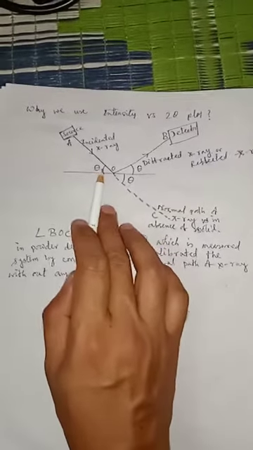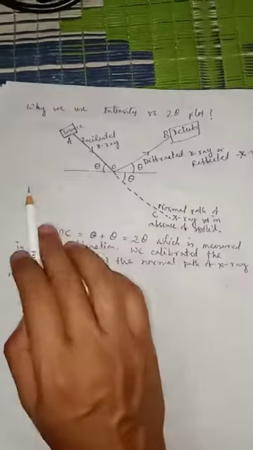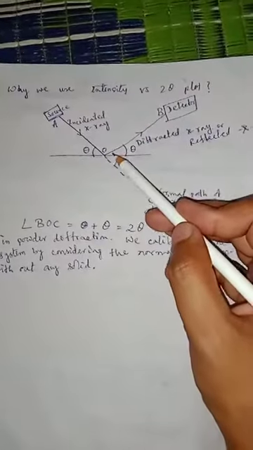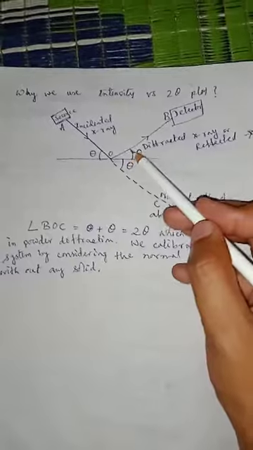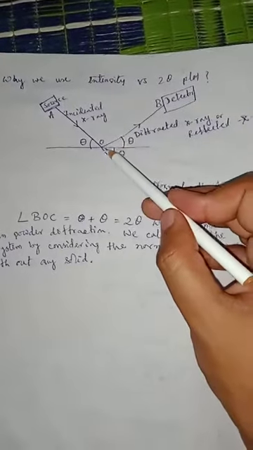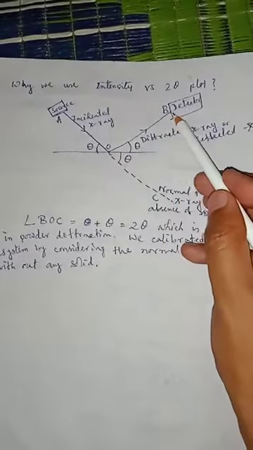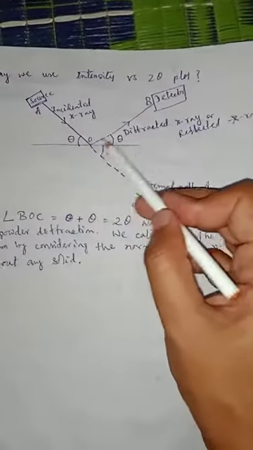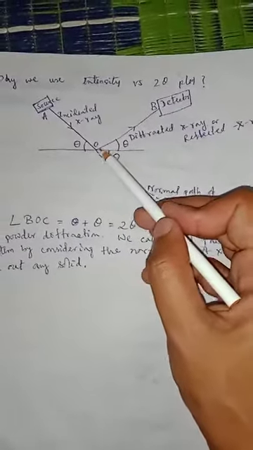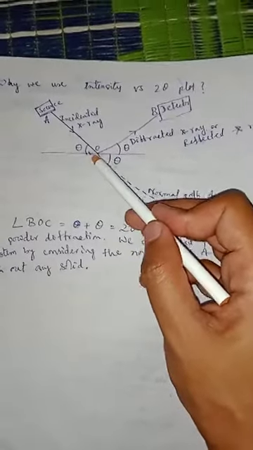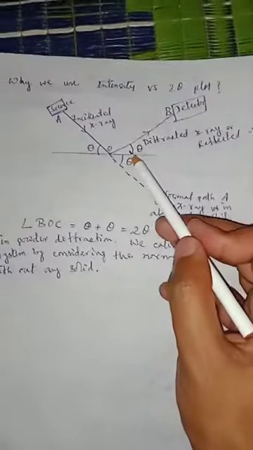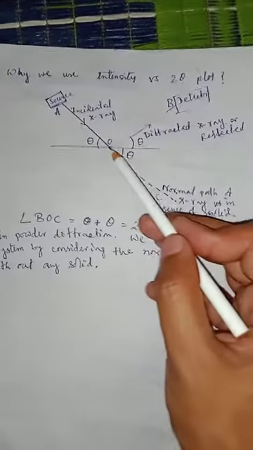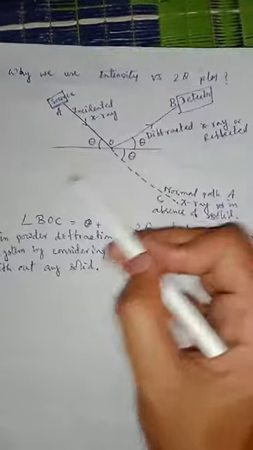So the angle of incidence is theta. Now by virtue of diffraction by the solid, the X-ray will be diffracted and it is detected by the detector. According to the reflection law, the angle of incidence and angle of reflection or diffraction will be the same. So that will be theta, that will be theta.